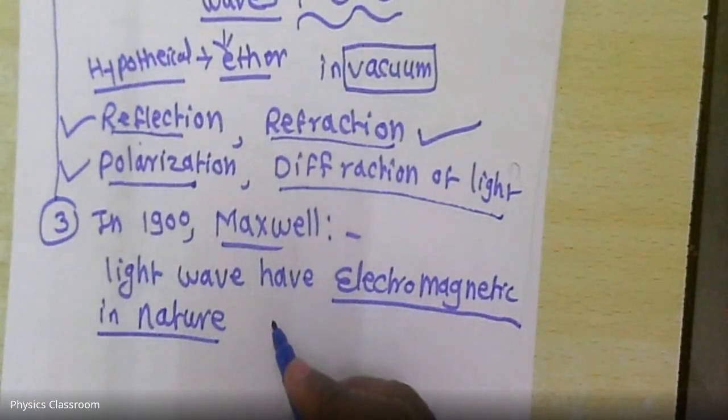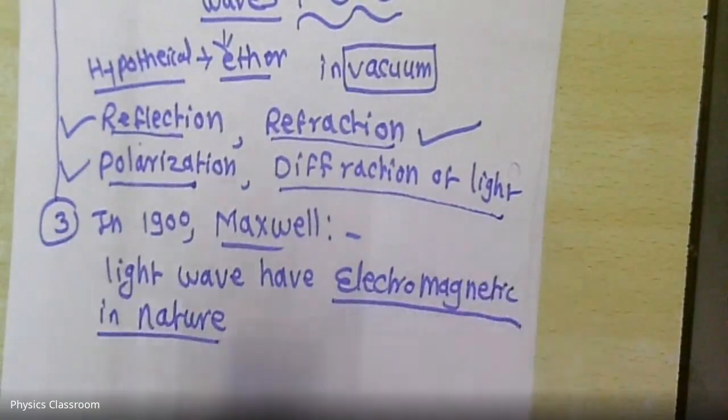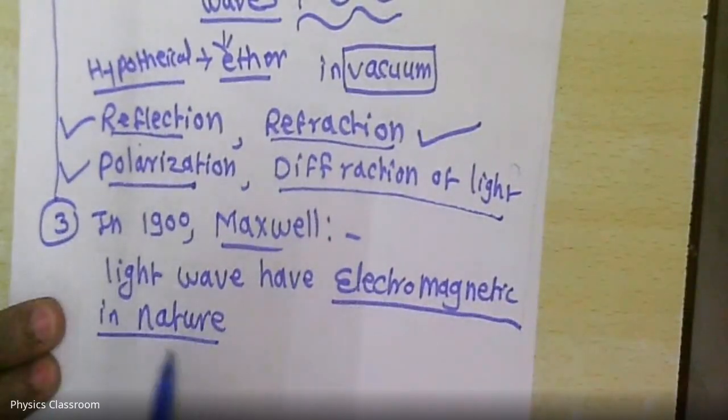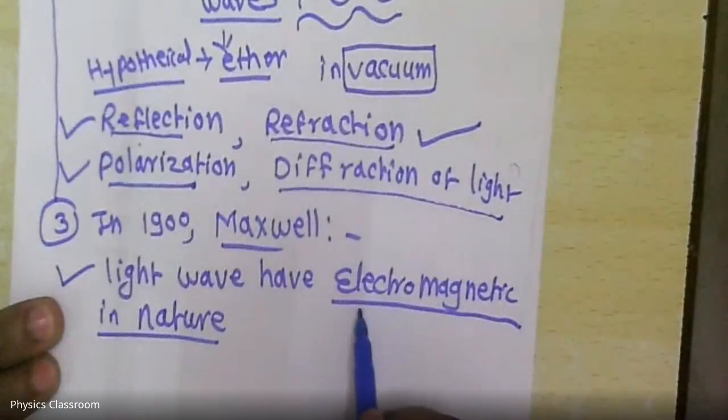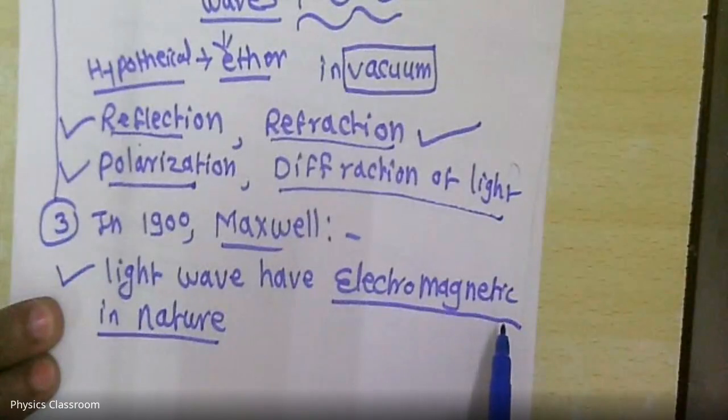Maxwell stated that light waves are electromagnetic in nature, and for their propagation, no medium is necessary. He states that this theory shows that waves have an electromagnetic nature.